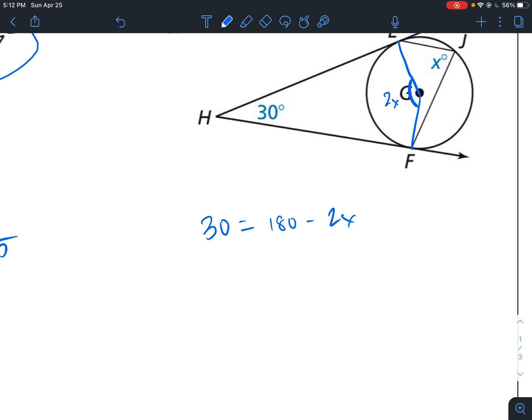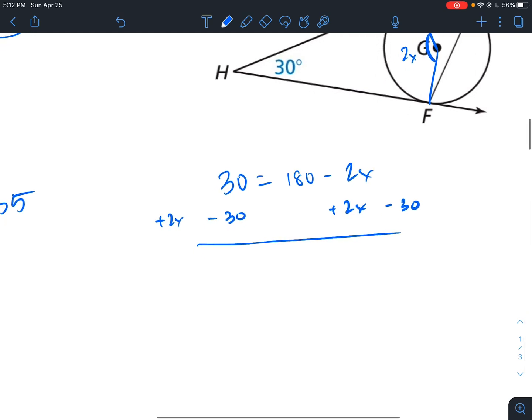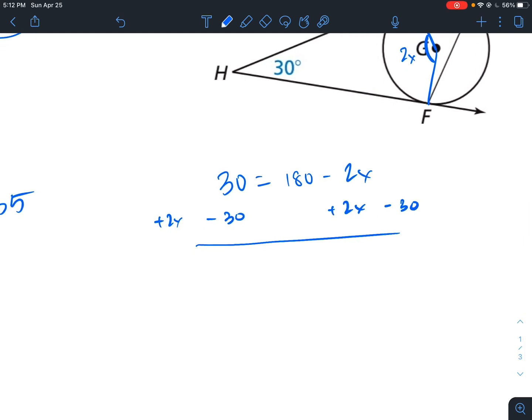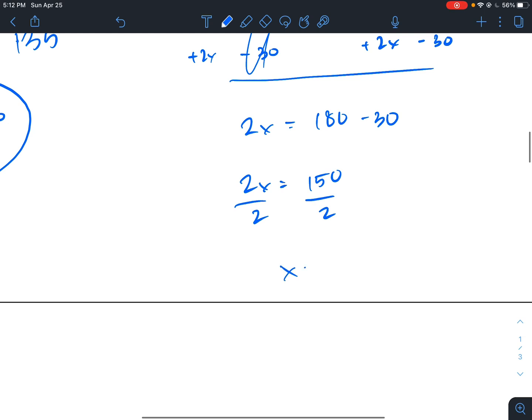I'm going to add 2x and subtract 30 on both sides. On the left side, the positive 30 and the negative 30 go away, and I'll be left with 2x. So 2x is equal to 180 minus 30. Now 180 minus 30 is equal to 150, and then I can divide both sides by 2, and I get x is equal to 75.